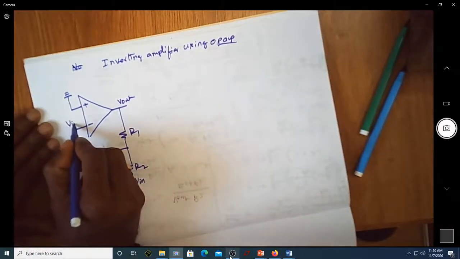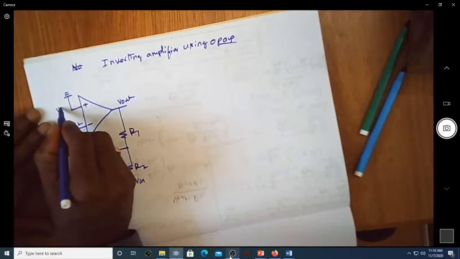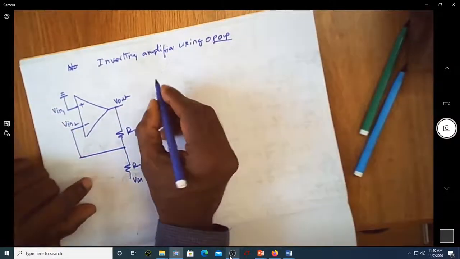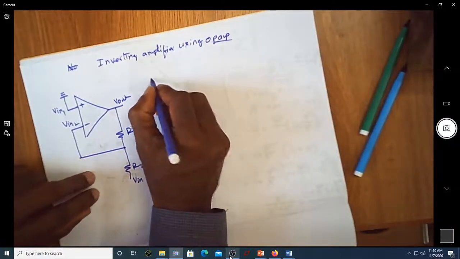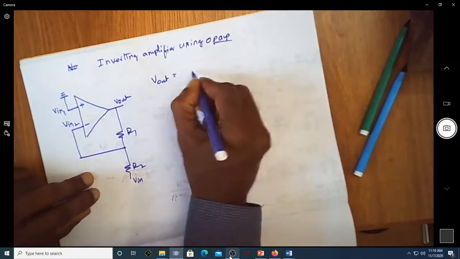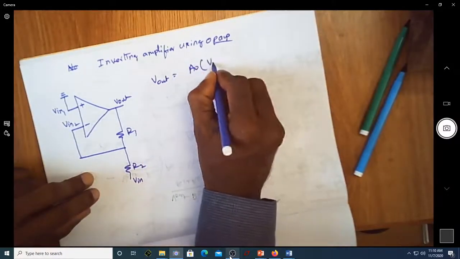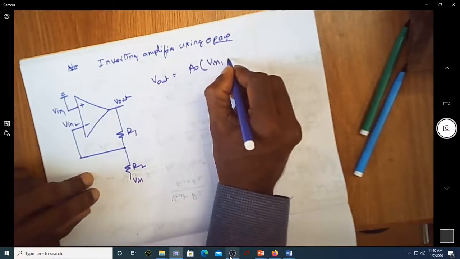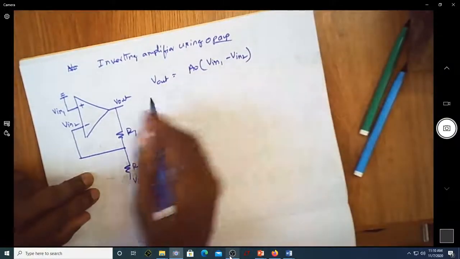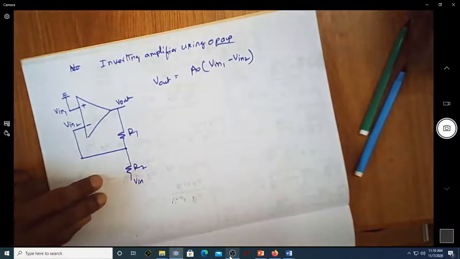This again is V in 1. So as usual we can write V out is equal to A0 times (V in 1 minus V in 2). This is a general expression for any operational amplifier.